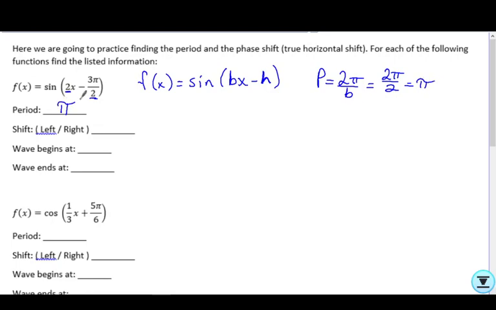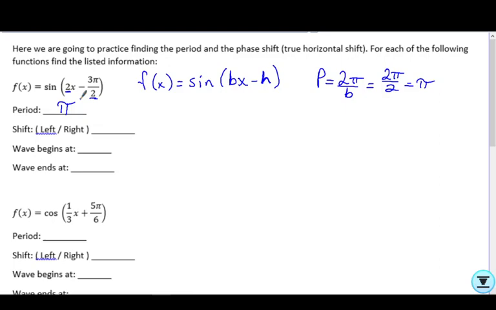If my new period is pi, that means I have horizontally compressed my wave. It was 2 pi and now it's only pi long, correct? If my period was horizontally compressed, that means my shift was also horizontally compressed. That horizontal compression compresses everything.